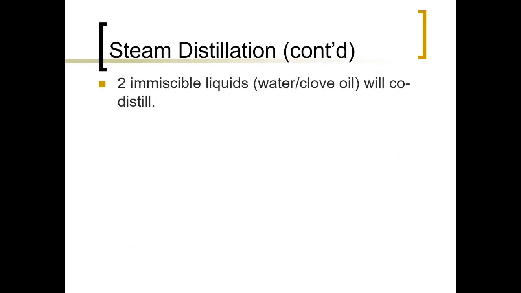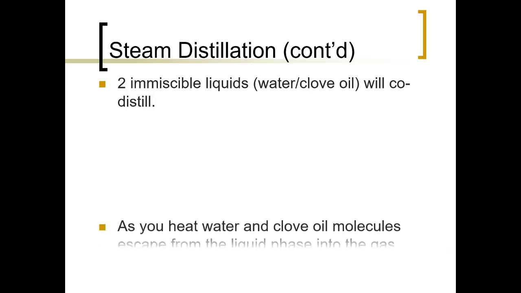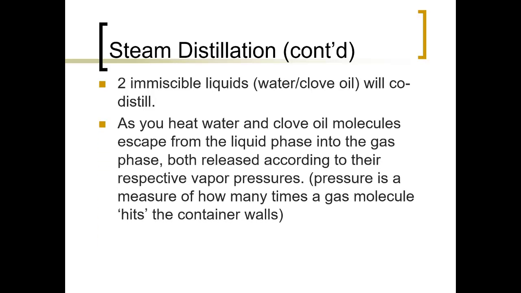All right, so in terms of the steam distillation, again, it's going to be two immiscible liquids, and they're going to co-distill with each other, the water and the clove oil. As you heat, the water and the clove oil molecules will come off together as a gas, so the water is basically dragging the clove oil over. Because it's a low boiling point, you're not going to be destroying the clove oil too much.